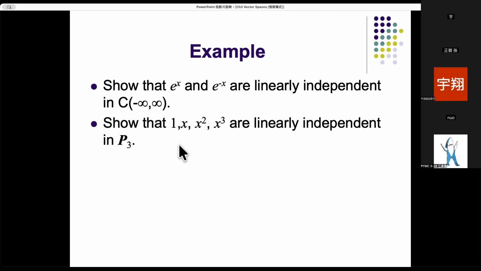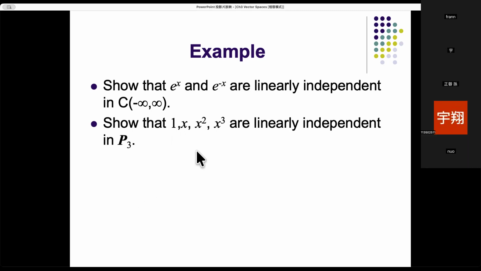Think about a plus bx plus cx squared plus dx cubed equal to 0. Consider when x is 0, then all the terms with x vanish. The only term left on the left side is a, and the right side is 0, so a must be 0.